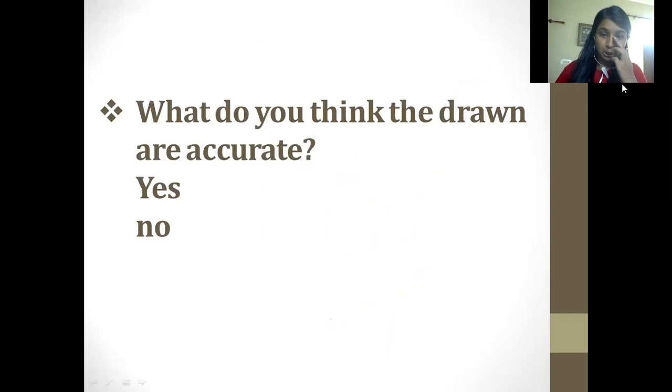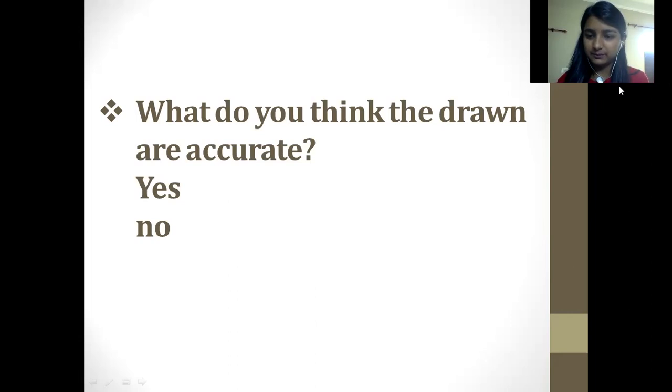Okay. So students, what do you think, are the drawings accurate? They are asking about the activity which we performed, do you think it is accurate, like perfect or not? Or could there be more perfection?